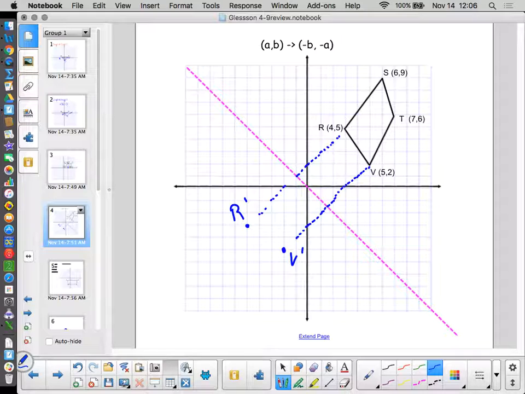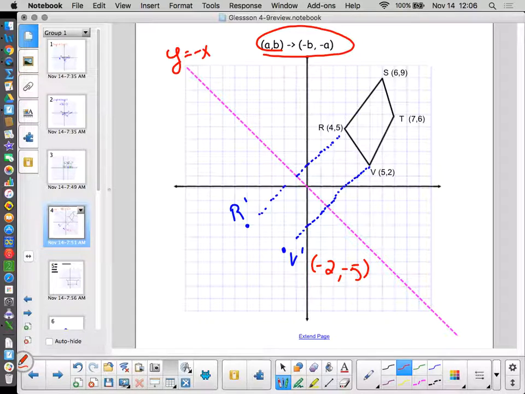And we could continue with that, or I could use my rule, which says for this type of reflection, y = -x, (a, b) goes to (-b, -a). So (5, 2) would go to (-2, -5). Did that happen? (-2, -5), sure enough. (4, 5) should go to (-5, -4).